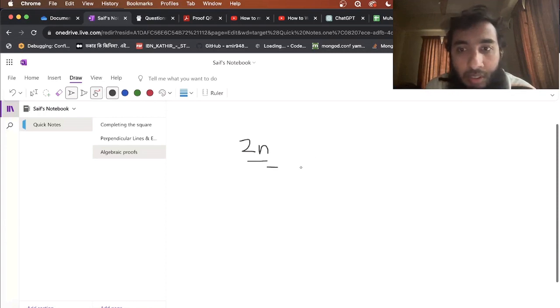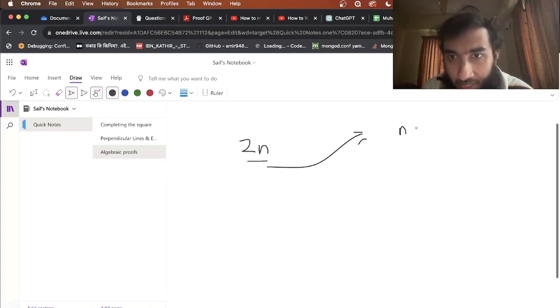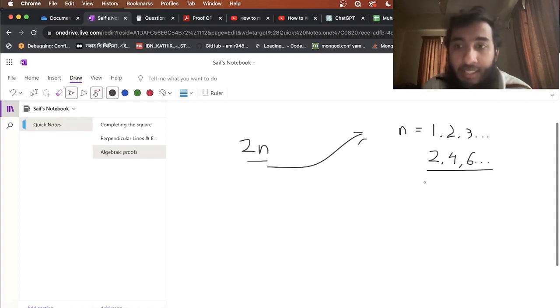Now if you notice very carefully, twice n actually yields, if I use the values of n, let's say n is 1, 2, 3, ... for 1 twice n will be 2, and for 2 twice n will be 4, and for 3 twice n will be 6 ... So if you notice very carefully, twice n always yields a sequence of even numbers, right?